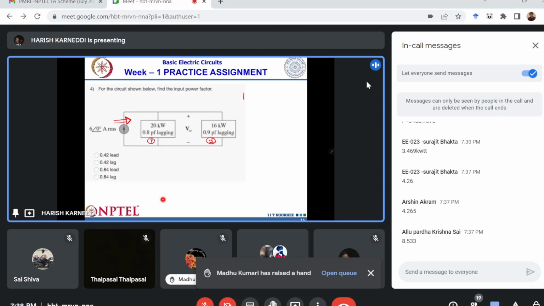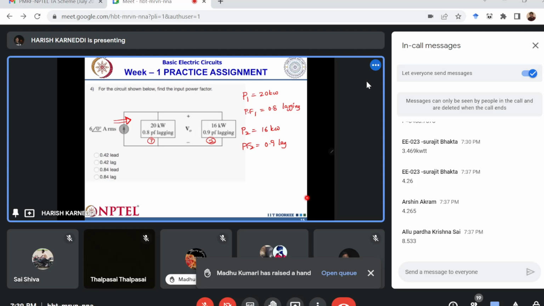Okay, P1 equal to the power delivered by load 1, it is 20 kilowatt, and power factor 1 equal to 0.8 lagging. Similarly, P2 equal to power absorbed by the second load, it is 16 kilowatt, and power factor 2 equal to 0.9 lagging.